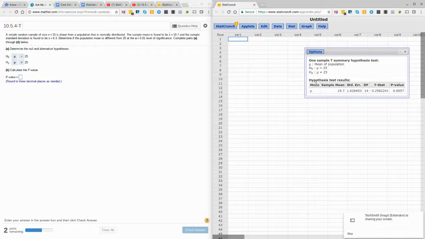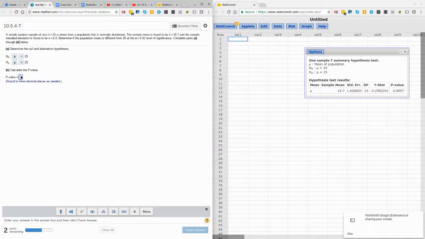And here it gives us the p-value that we're searching for in part B. Okay, and it just asks us to round to 3 places, 0.006.